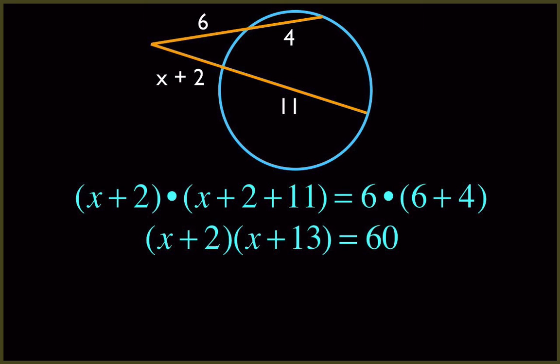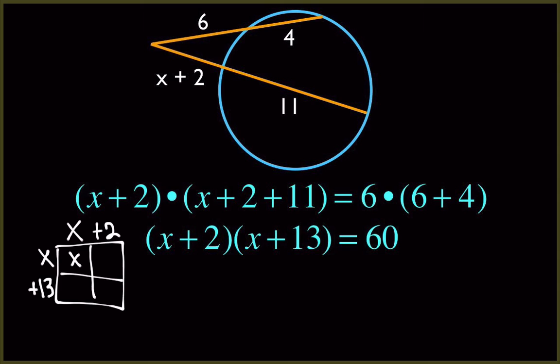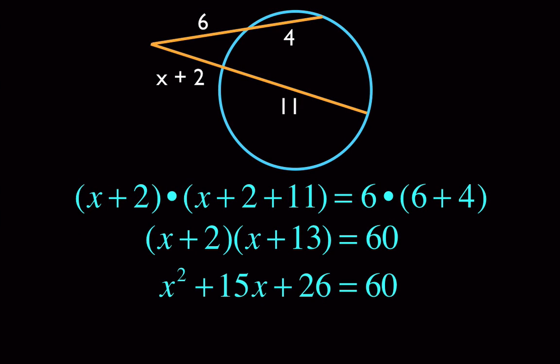So to do that one more time, make a generic rectangle, x plus 2, x plus 13, and if you multiply each of the sides, okay, as you can see, you're going to end up with 15x between these two, and the rest of it's kind of self-explanatory. Subtracting 60 from both sides, we end up with negative 34.